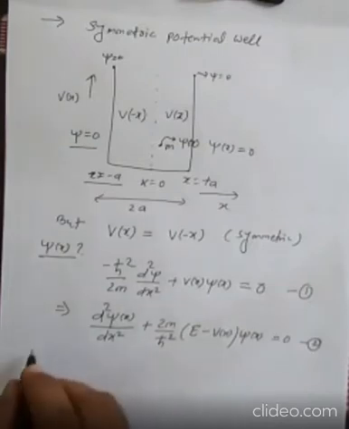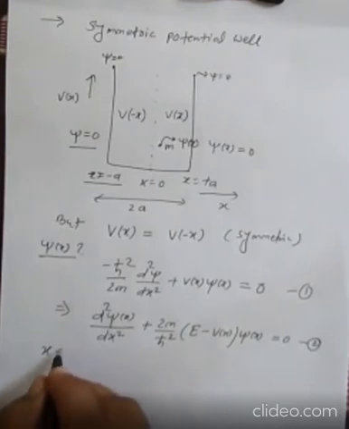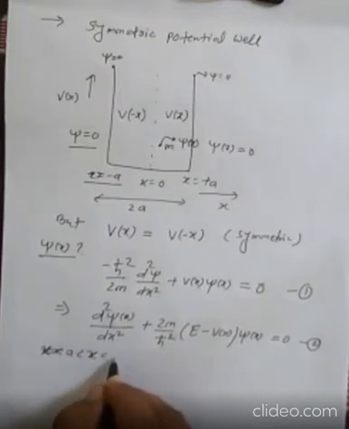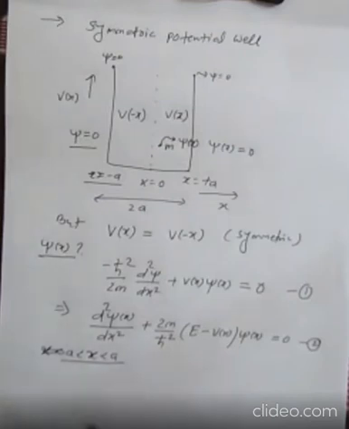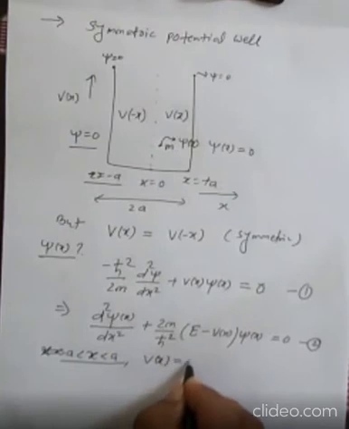But in the region minus a to plus a, the particle is free, it means the potential energy of the particle is 0.